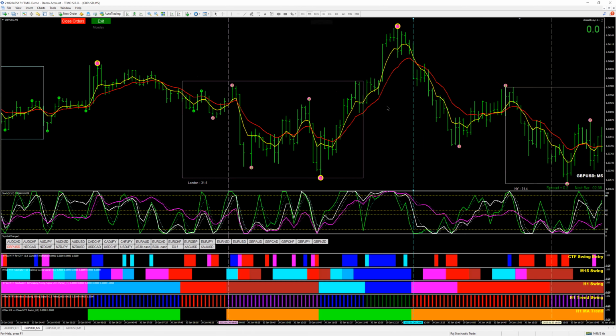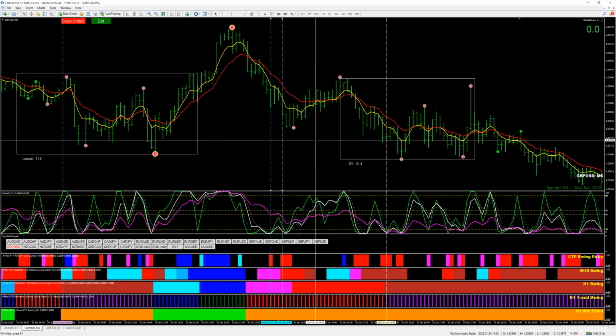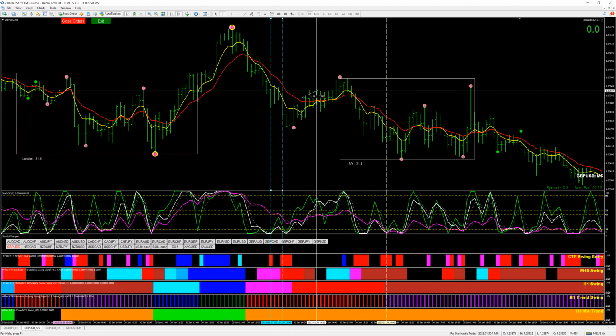So if you go to 5 minute, this is your entry, and you get a second entry with an exit over here, and you lost 10 and 15 pips. So 1, 30, 23 is minus 15.